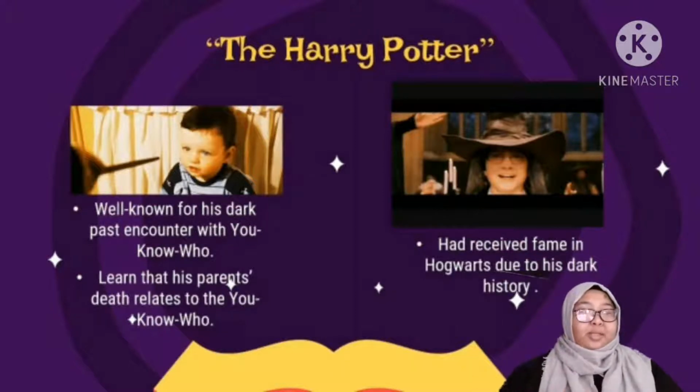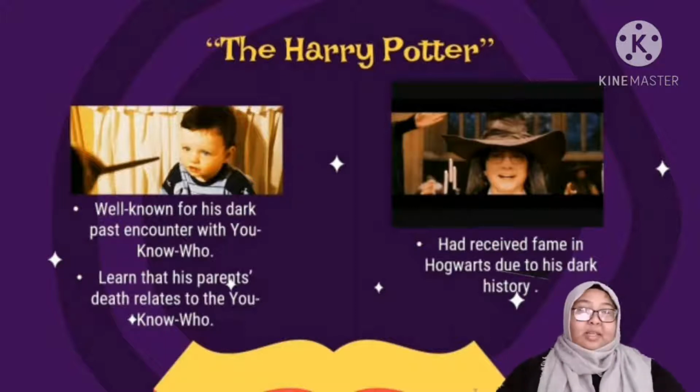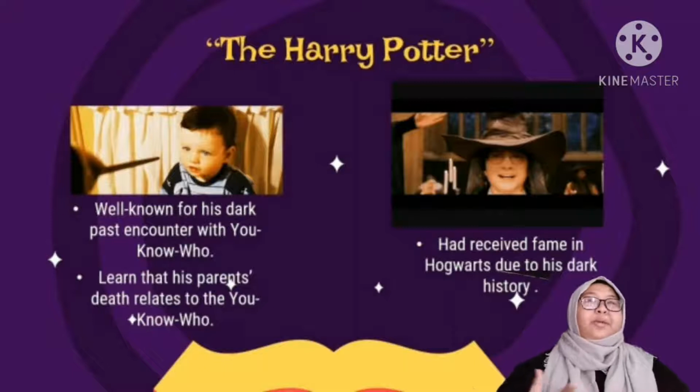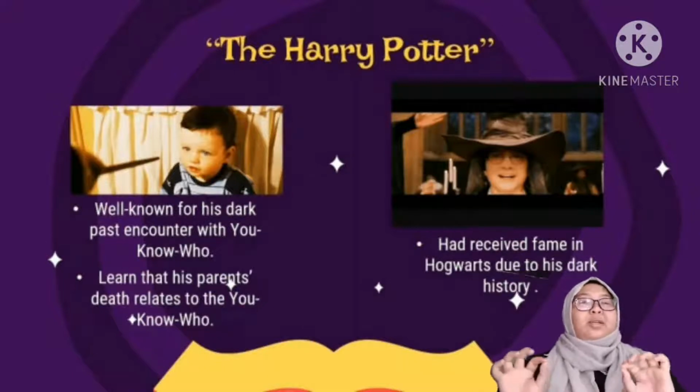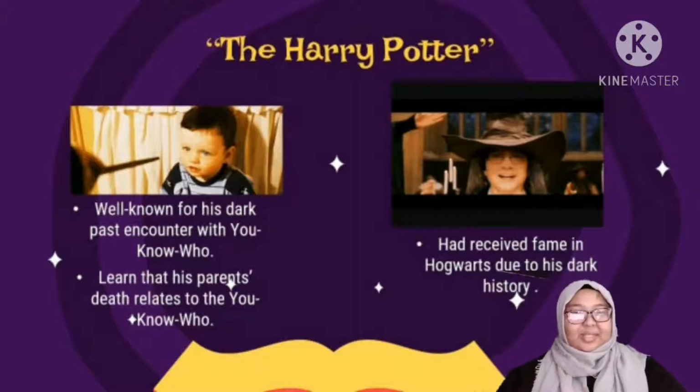In the stories, in the movies. And as you can even see from the movie and the text, even Professor Dumbledore, the principal of Hogwarts, favors Harry more than the rest, more than other students.